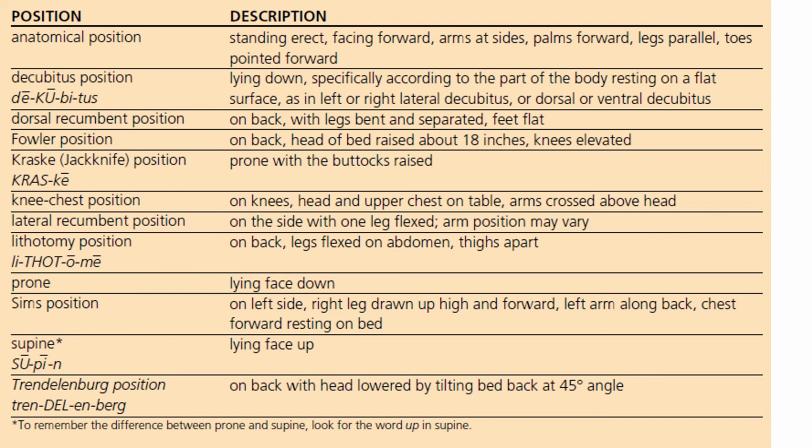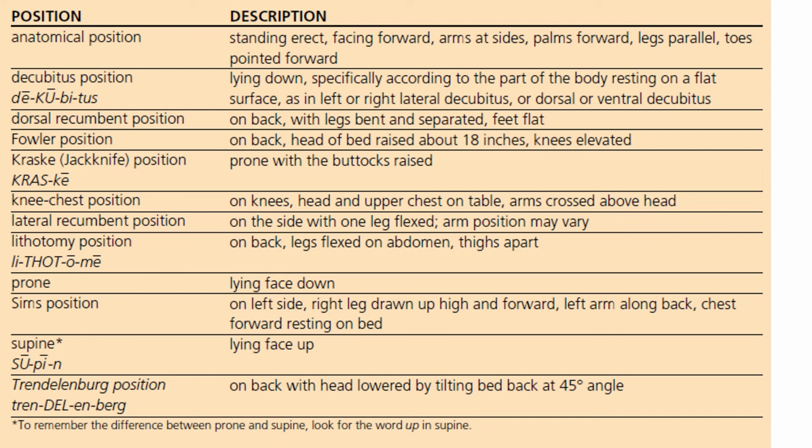Then we have the knee chest position: on knees with the head and upper chest on the table, arms crossed above the head. Next, we have the lateral recumbent: on the side with one leg flexed.